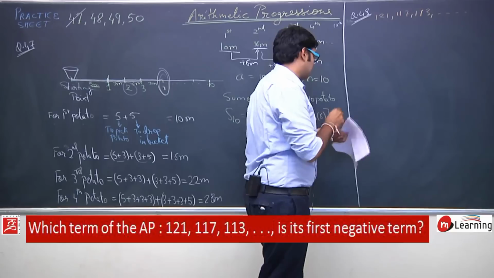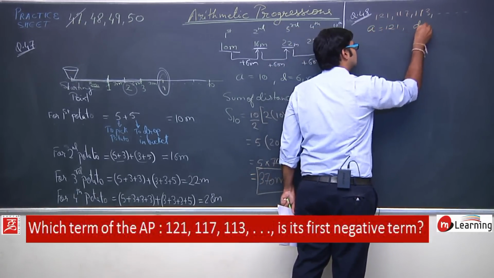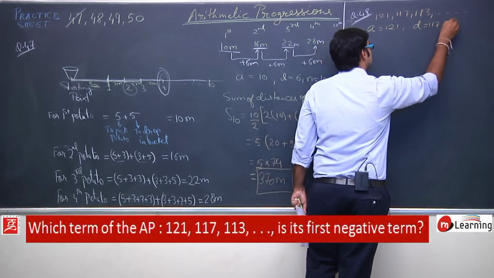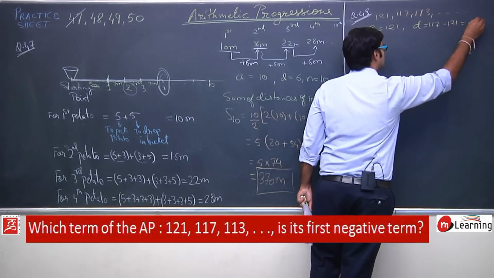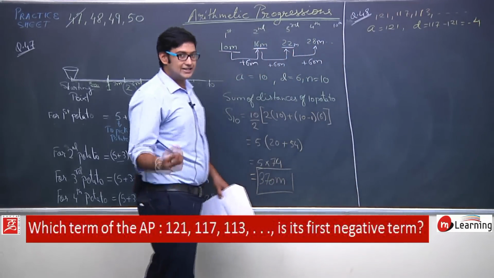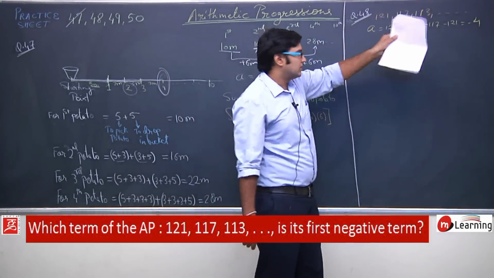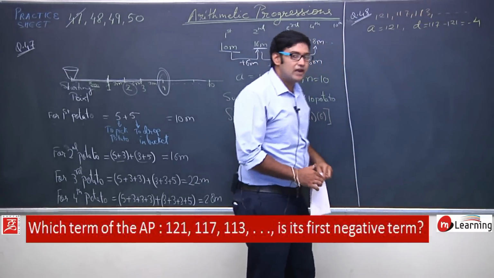So what is the first term of this AP? First term a is 121 and the common difference d is 117 minus 121, that will be minus 4. So minus 4 is the common difference, that is we can see this arithmetic progression is a decreasing arithmetic progression. It's because the common difference is a negative value.